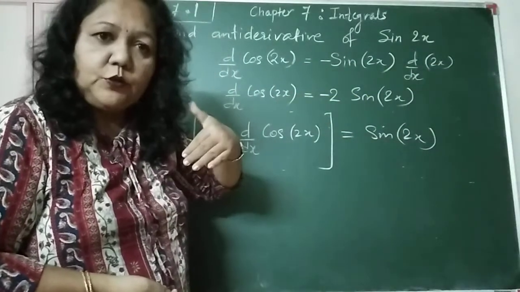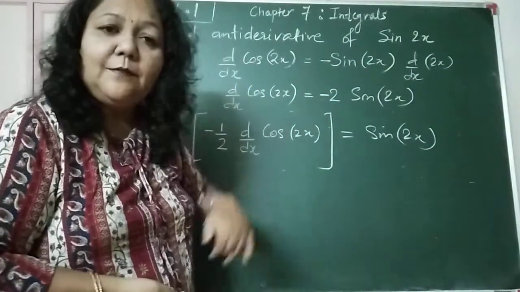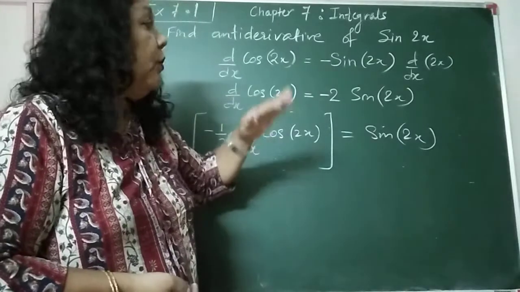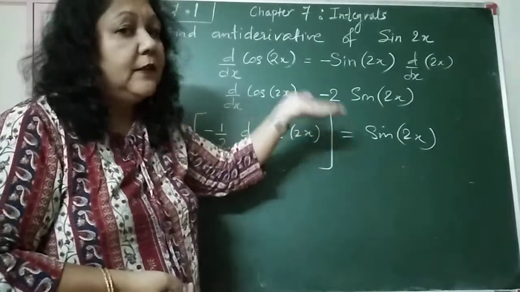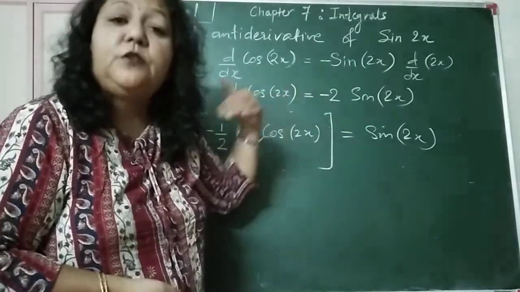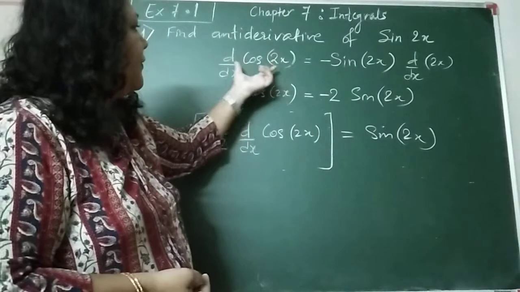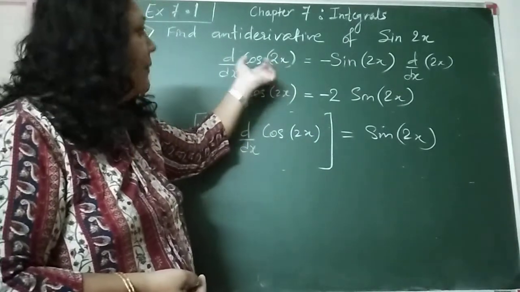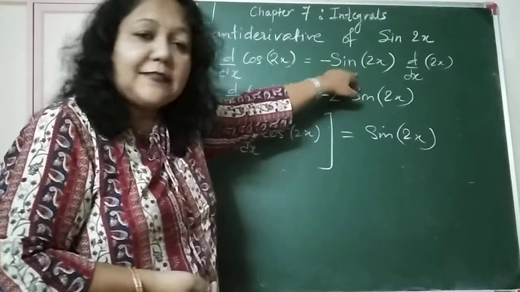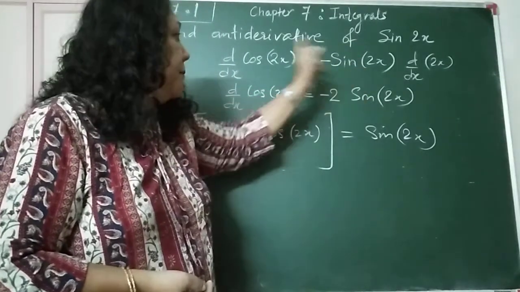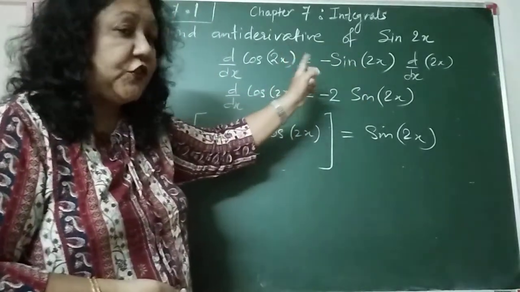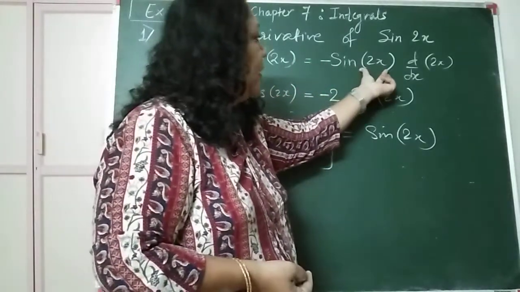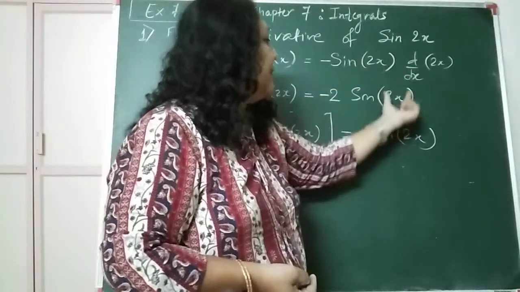तो मैंने तुरंत सोचा कि साइन ऑफ 2x अगर मुझे आंसर चाहिए तो व्हाट शुड आई डिफरेंशिएट. तो साइन आंसर में चाहिए तो आई शुड डिफरेंशिएट कॉस. तो आई डिफरेंशिएटेड कॉस ऑफ 2x. I got the answer minus sine of 2x, but because differentiation follows the chain rule, you differentiated the bracket over here and you got the answer as 2.